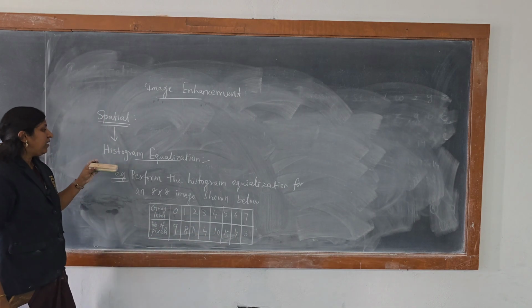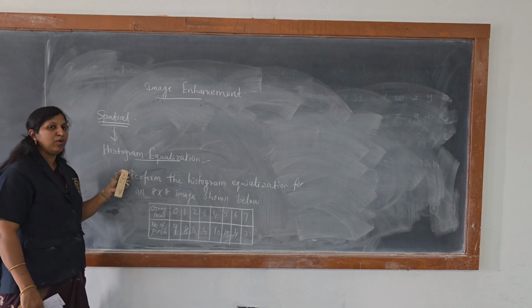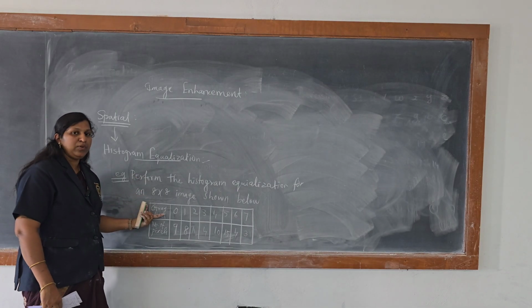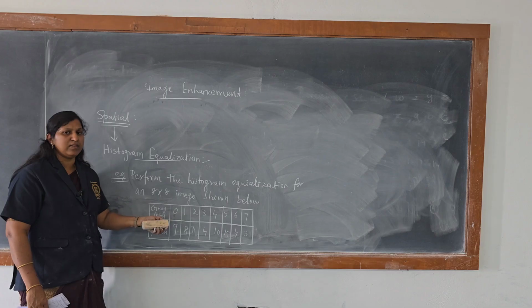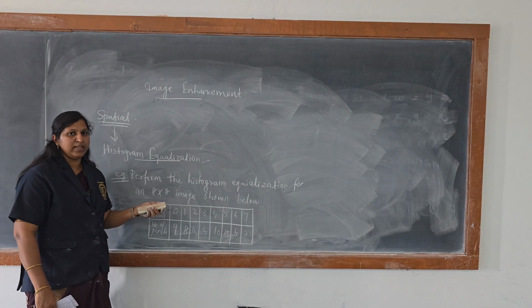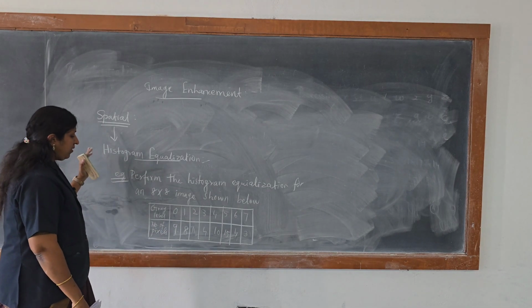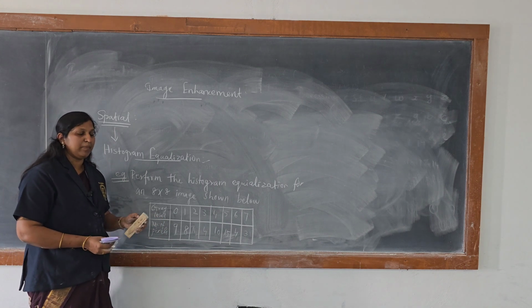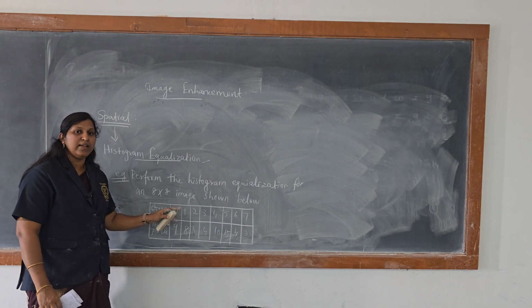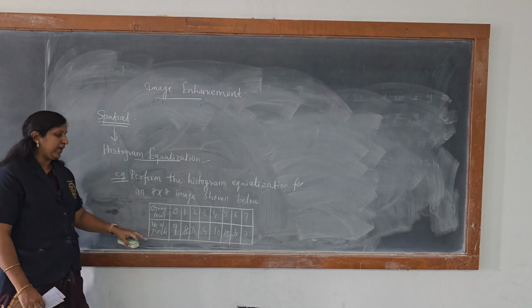Here we are modifying the given input image into an output image. This is also a kind of point processing technique, but here we take the input and apply some mathematical calculation over it to get the modified form, that is g of x comma y.